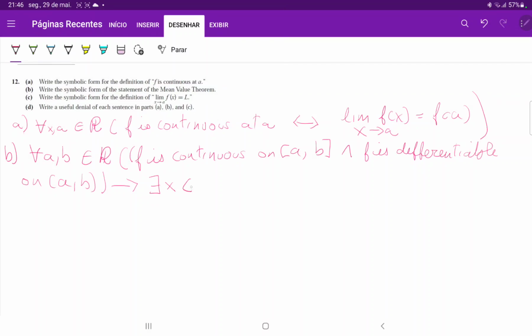So there exists a C belonging to the real numbers such that C is between A and B.